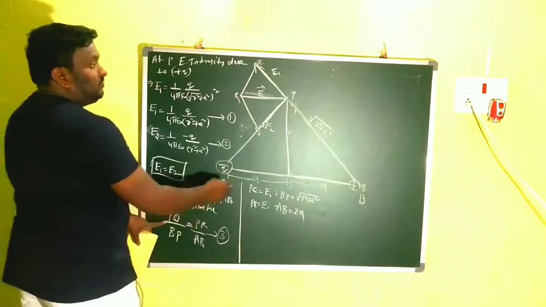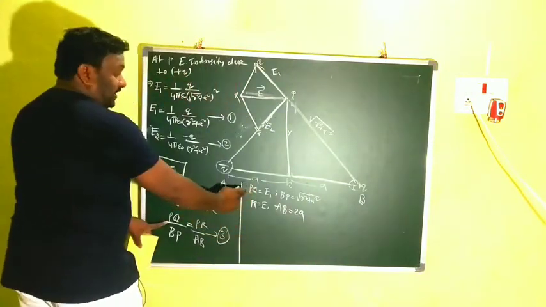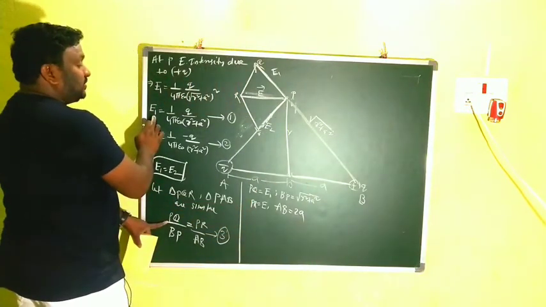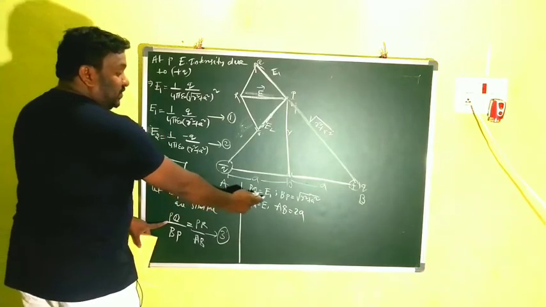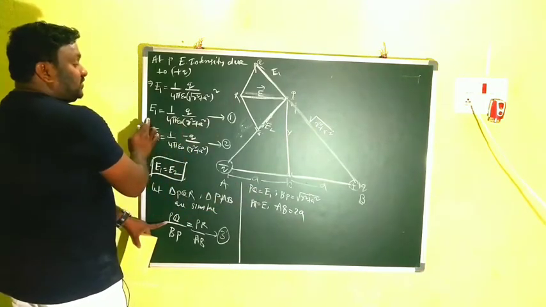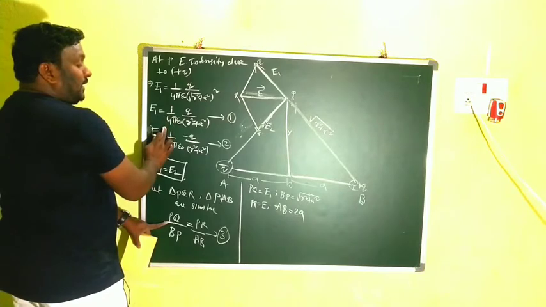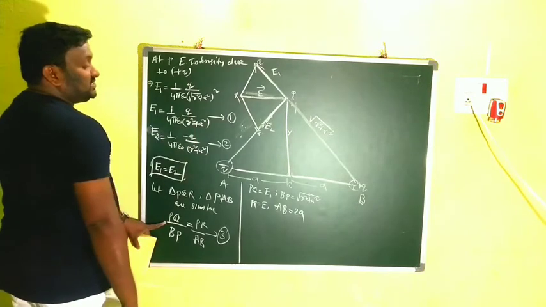What is PQ? E1. From equation number 1, E1 is equal to 1 by 4 pi epsilon naught Q by R square plus A square.